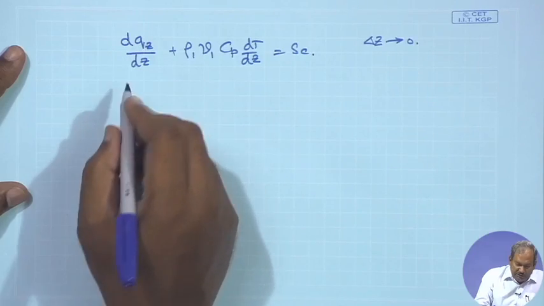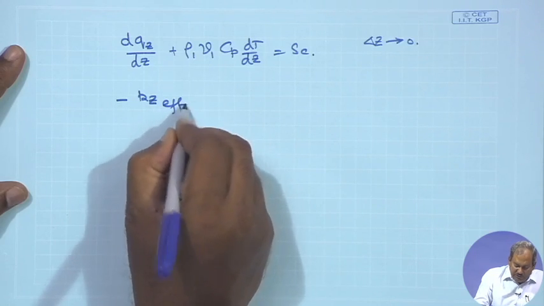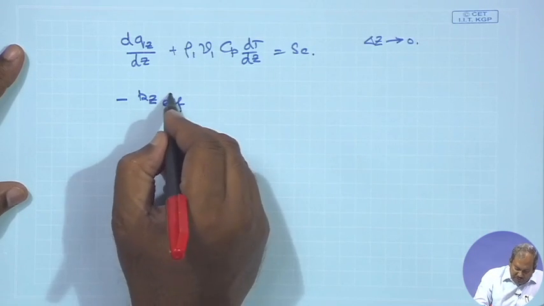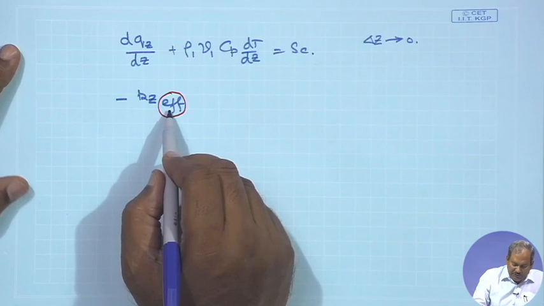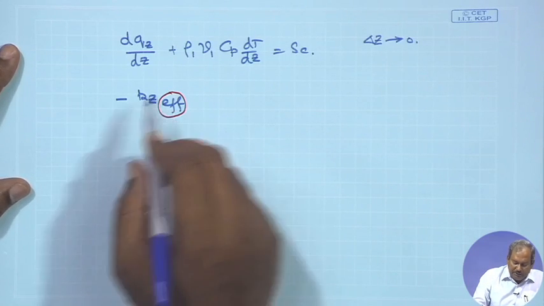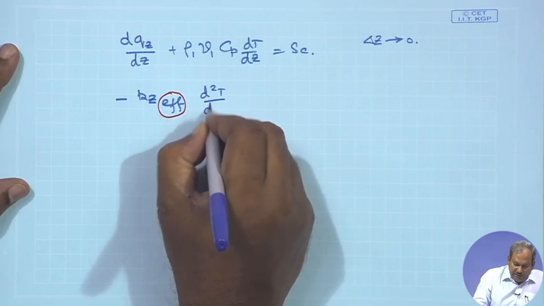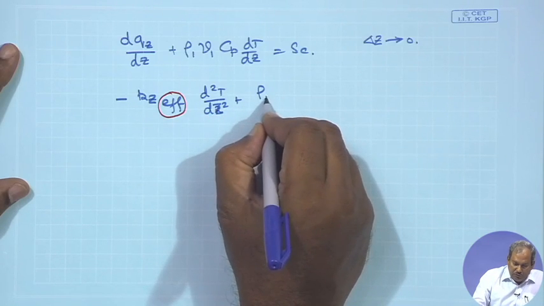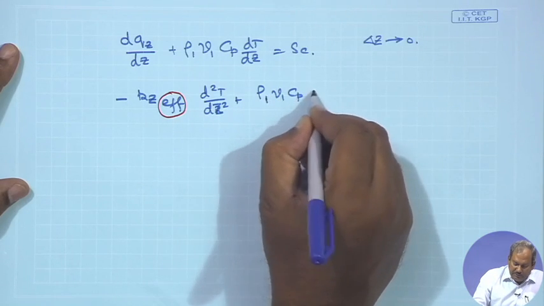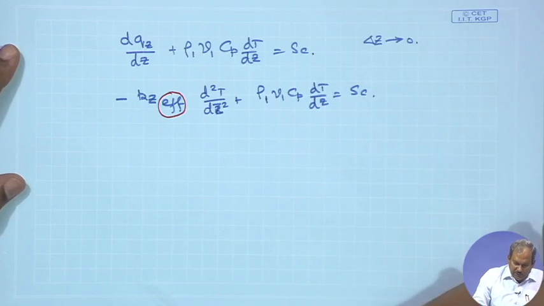So, you have this equation, and then when you substitute q z by Fourier's law, what you get is k z, but I would say this is the effective, put in the term effective because it takes into account both the solid particles as well as the void space, times d2T dz square plus rho 1 v1 Cp dT dz is equal to Sc.